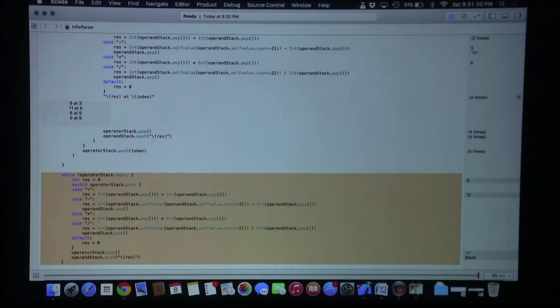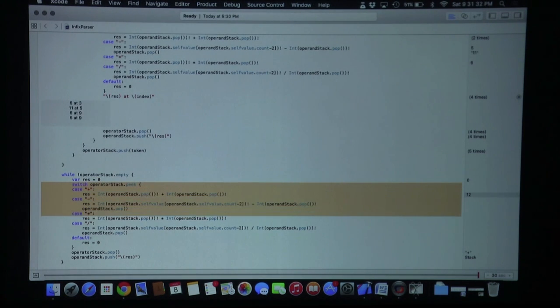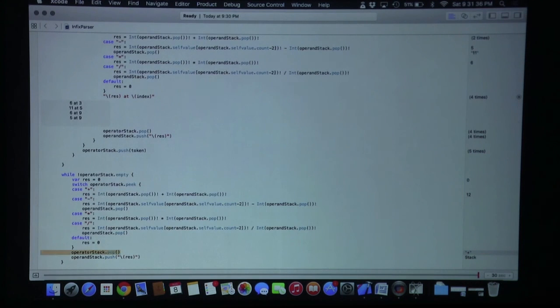And then once we're done, there might be a few operators left in the operator stack. So what I'm doing is I'm saying while not operator stack.empty, we are again setting the result to 0, switching on the operator stack's peek, doing all that logic, then popping 1 out of the operator stack, and then pushing this result onto the operand stack.